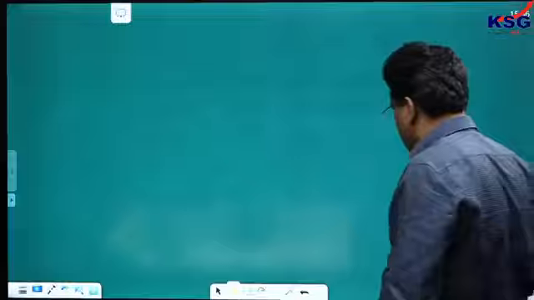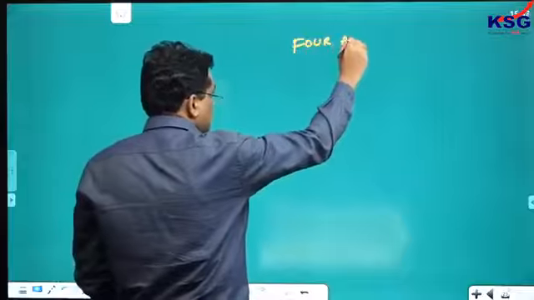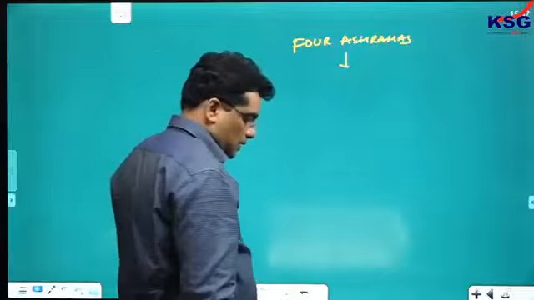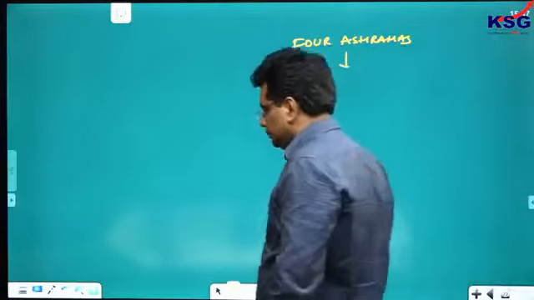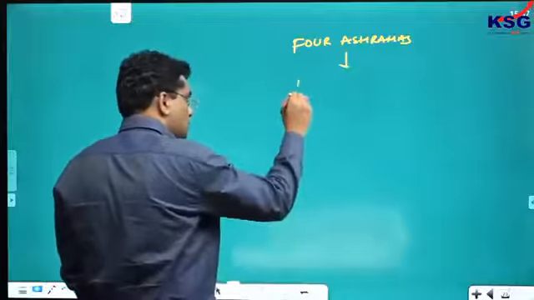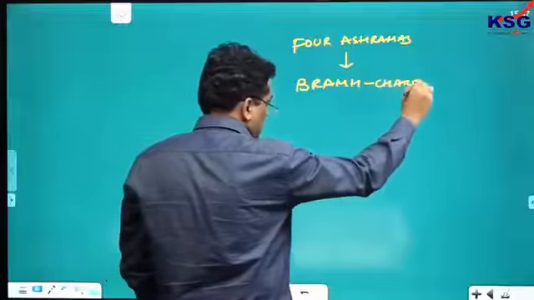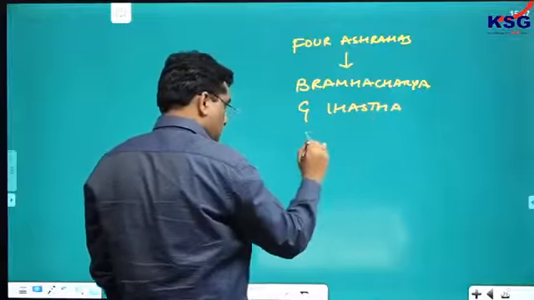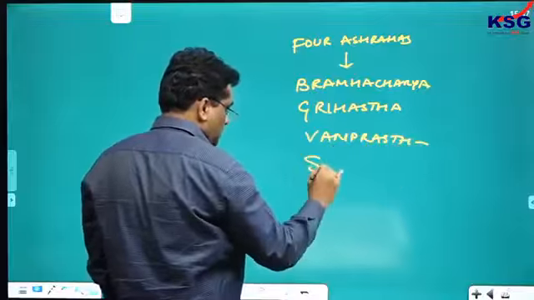There are 4 ashramas: Brahmacharya, Grihastha, Vanaprastha and Sannyasa.